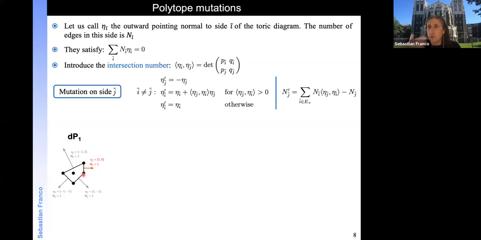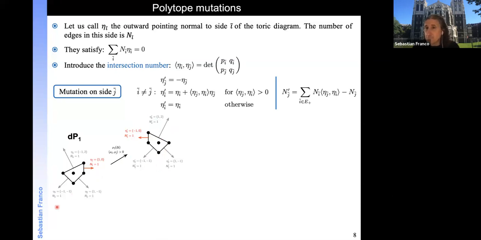Later on, I will analyze this example in more detail, and you will see that you have 4 different edges, and they come in 2 qualitatively different pairs, right? There are 2 edges for which the mutation looks more or less the same, and 2 other edges for which the mutation does more or less the same thing. So let's mutate on this edge, and what you obtain is the following.